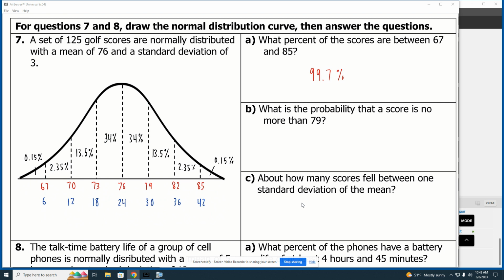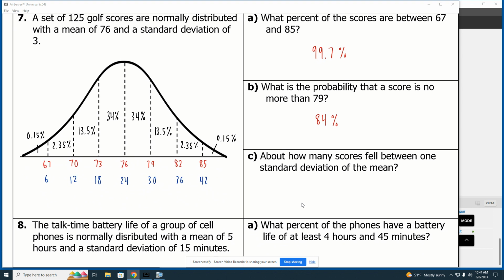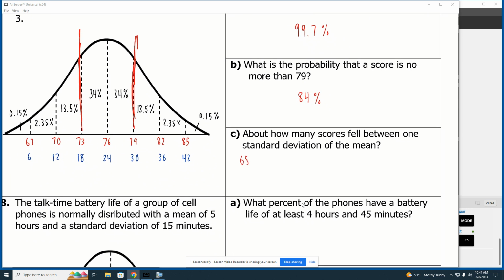Okay? And then the last problem, a little different the way it's asked, isn't it? It doesn't say what percent. It doesn't say what probability. It says about how many scores fell within 1 standard deviation of the mean. Well, 1 standard deviation from the mean is what percentage? It's 68%.